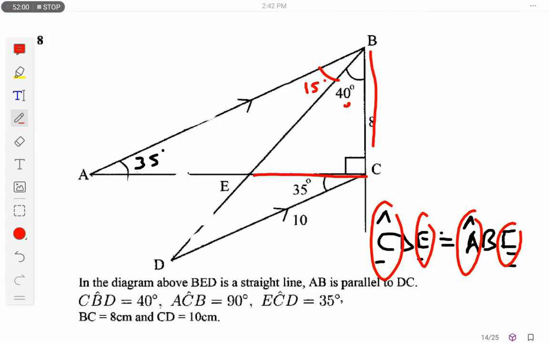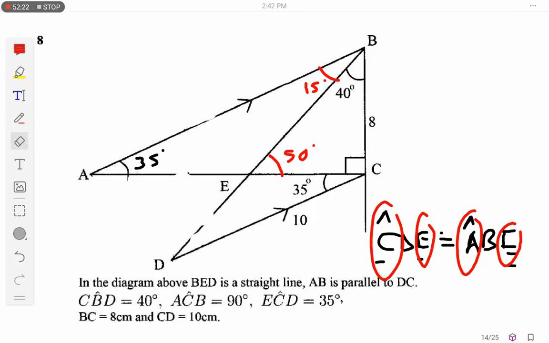Let me see the angles that I have. For EC, it's easier for me to first of all find this angle. It's going to be 180 degrees minus 90 minus 40. So I'll get a 50 degrees there.